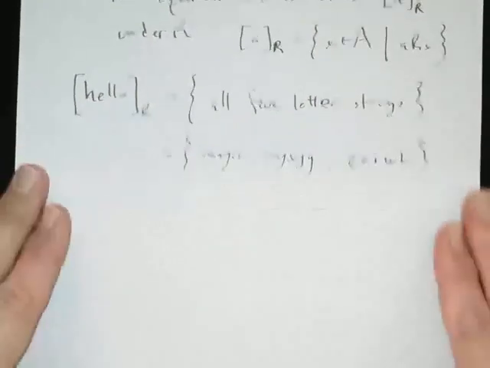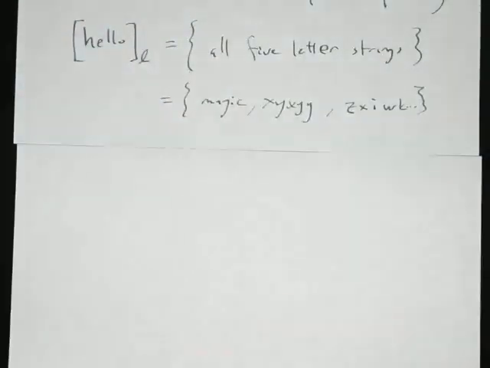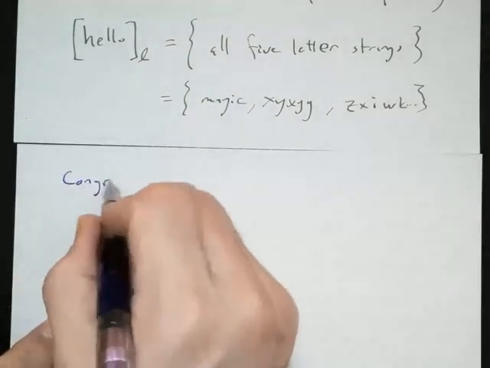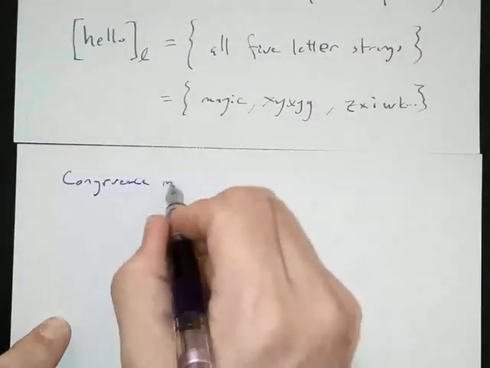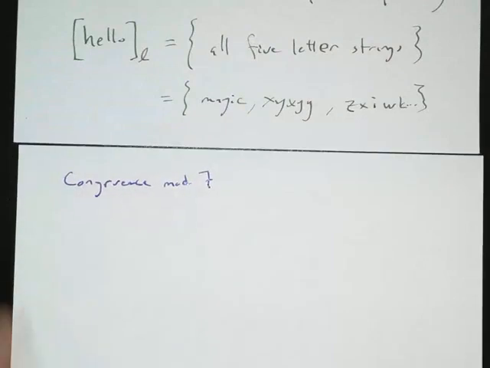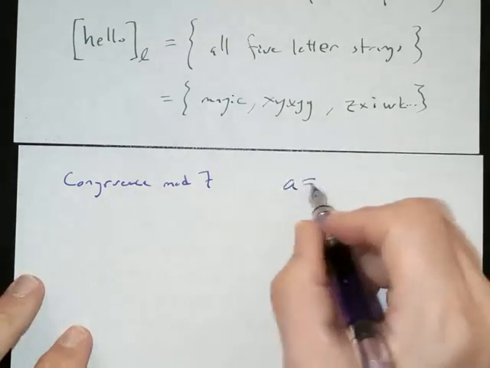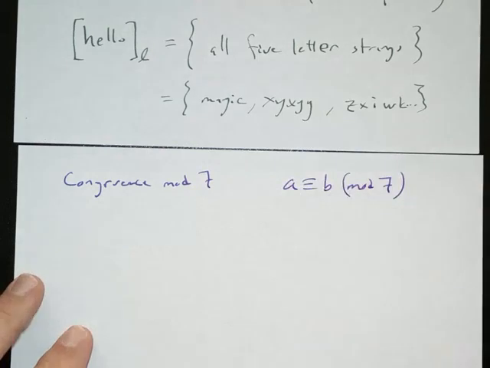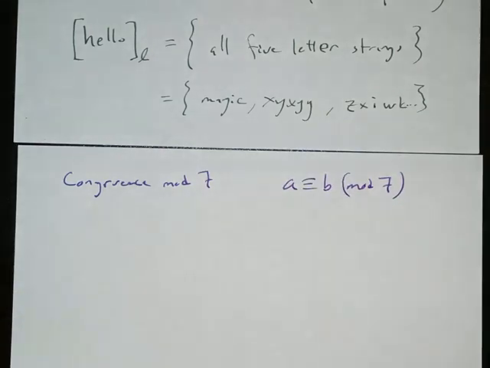Somebody pick an integer. A moderately small one. 7. Okay. We already decided that modulus a number, A is congruent to B mod 7, because now you just picked 7.